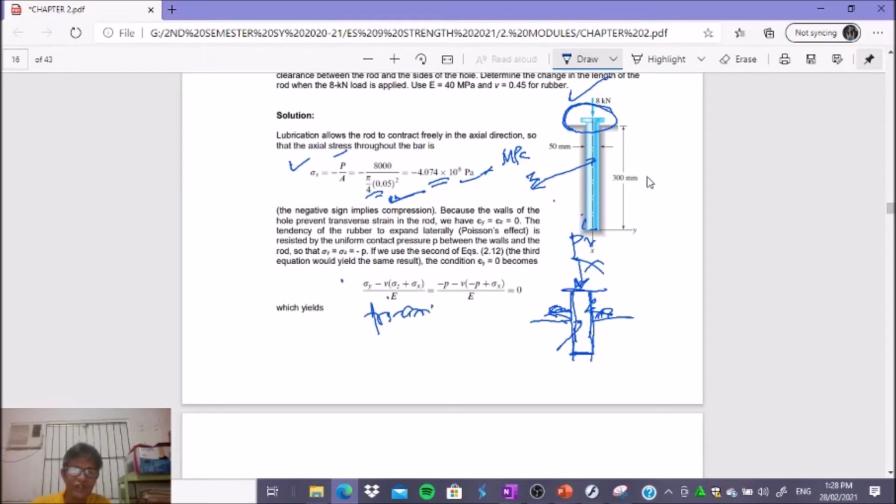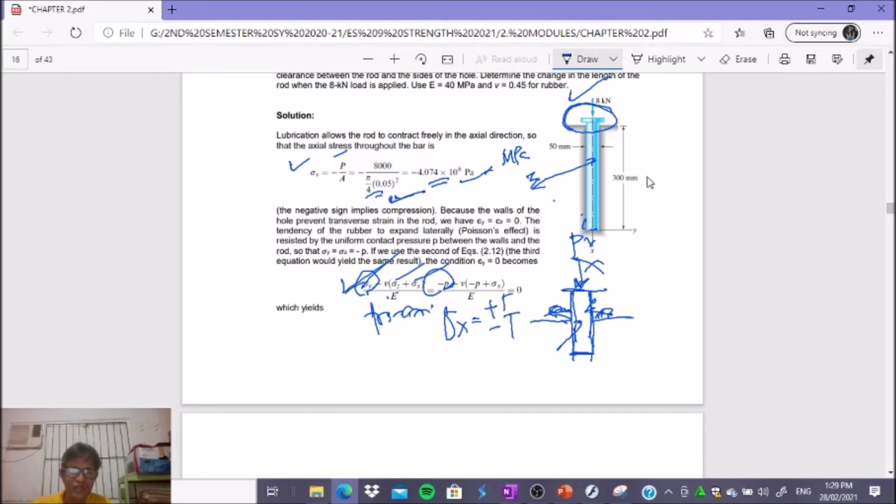Kaya makikita nyo itong formulas ito, mayroong sigma y, sigma z, and sigma x. And our lateral load, the sigma y and sigma z will be equal to this value of P. But since this is in compression, by the way, I forgot to mention kanina that sa formula natin, kahit sa matrix, yung sigma natin dapat magiging positive if in tension and negative if in compression.